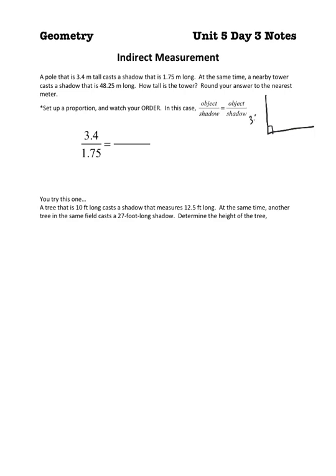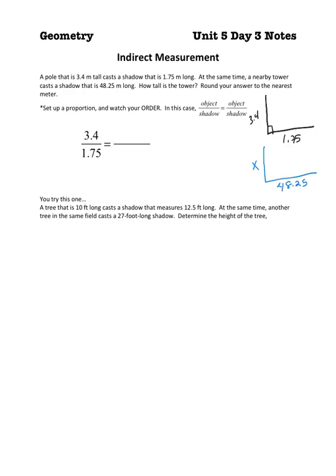Pole is 3.4 meters tall, shadow is 1.75 meters long. At the same time, you've got a nearby tower, which is really big. Nearby tower has a shadow 48.25 meters long, and we don't know how tall the tower is.